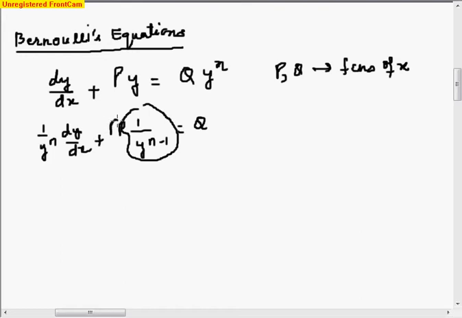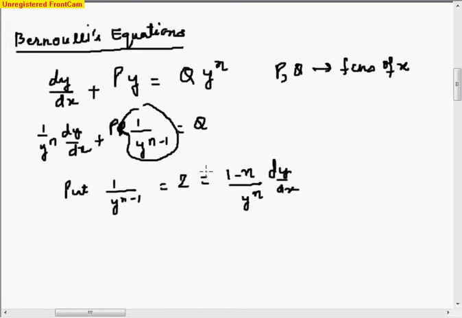Put 1 upon y raised to power n minus 1 is equal to z. So now if you differentiate this thing, what you will get? This is 1 minus n upon y raised to power n, dy upon dx, which is equal to dz upon dx.